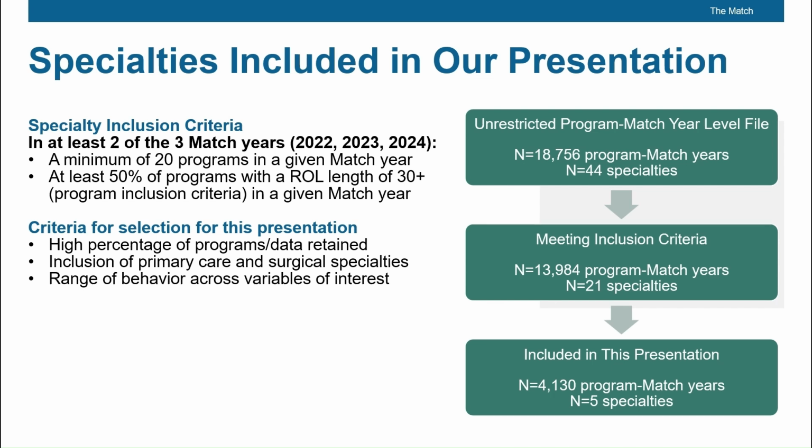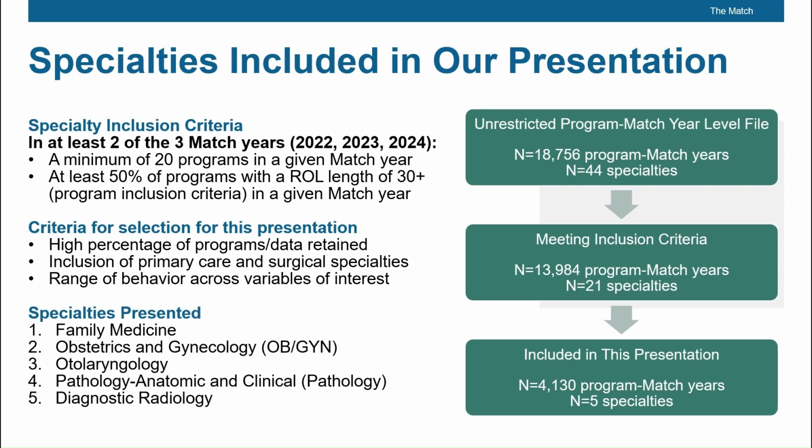And last was choosing specialties that really demonstrated the range of behaviors across the variables that we'll be talking about today. So the specialties we'll present on today are family medicine, obstetrics and gynecology, otolaryngology, pathology, and diagnostic radiology. So the data we'll present represents approximately 4,130 total program match years across those 5 specialties.